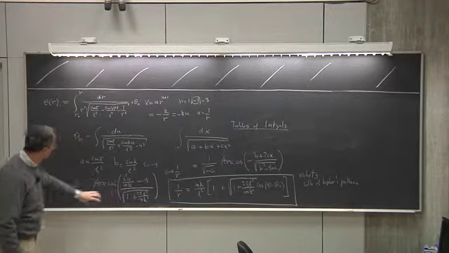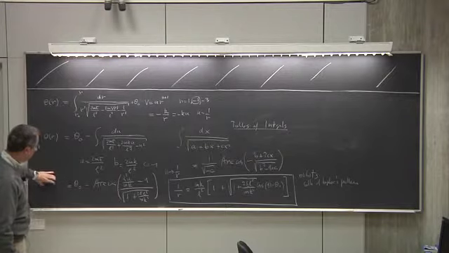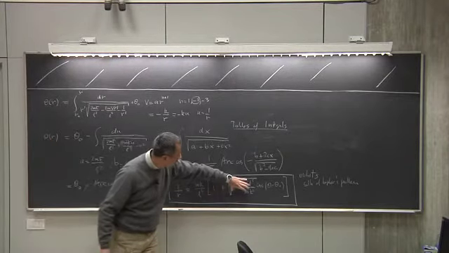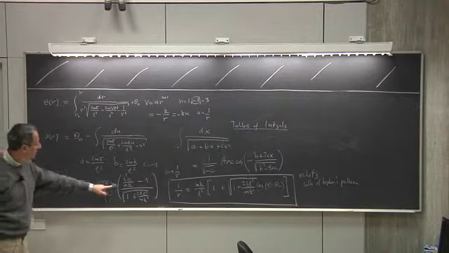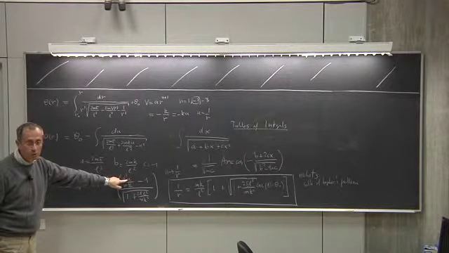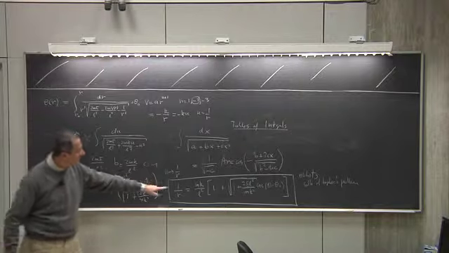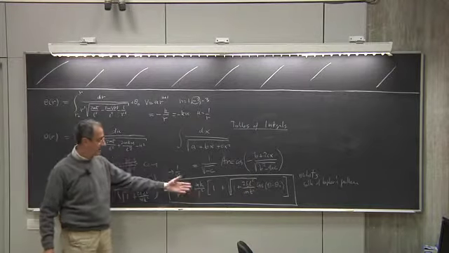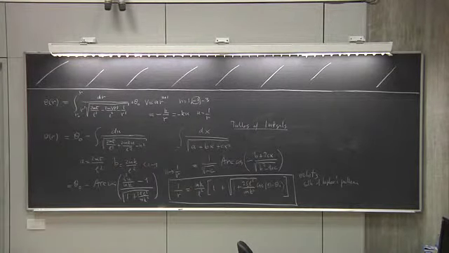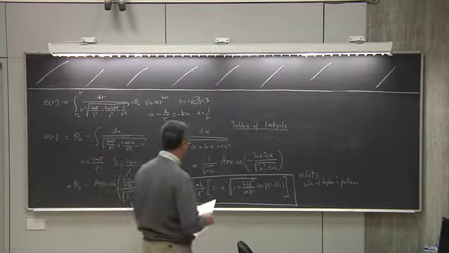I multiply by the cosine on both sides, so I get this factor, the square root. And then the 1 goes on the other side, and then I want to pull out the u, that is 1 over r, and I get this coefficient. Do you see it now or not? Just arithmetic, I guess.